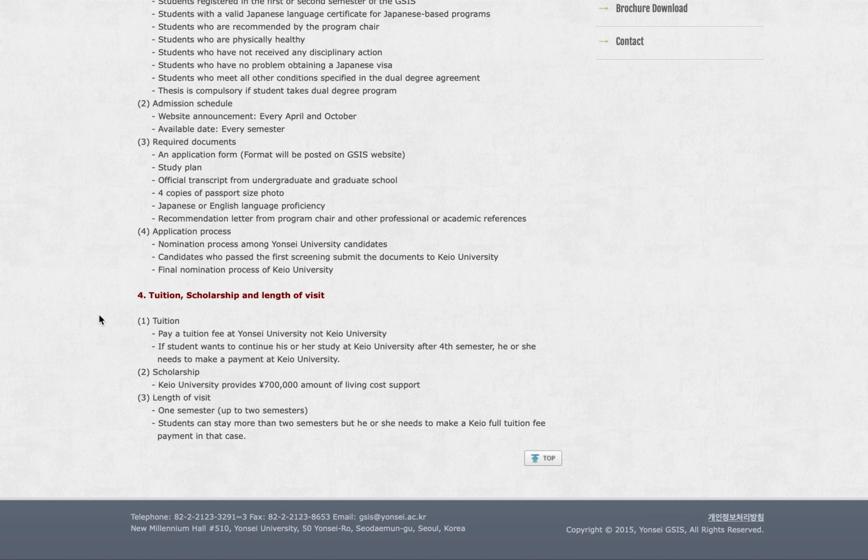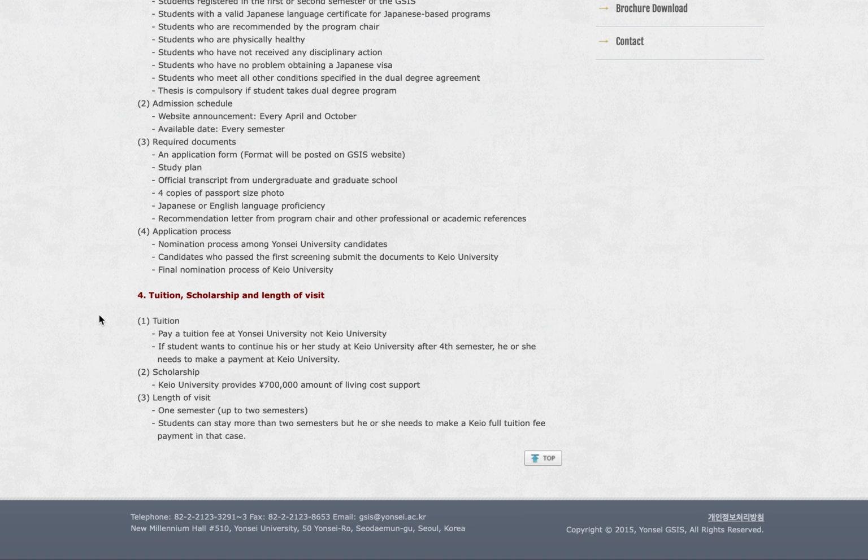Let's look at the tuition, scholarship, and length of visit. You don't need to pay tuition at Keio University. You only need to pay the tuition at Yonsei University. But if you want to continue your study at Keio University after the 4th semester, you should pay at Keio University.